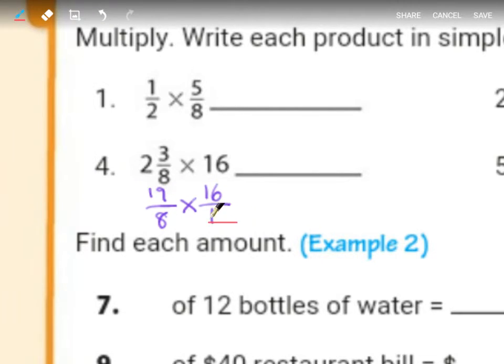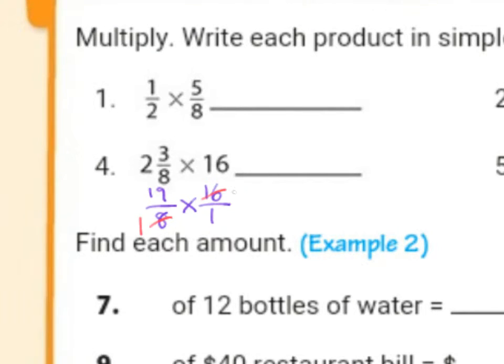1 and 19, not a whole lot we can do with that. Those are both prime numbers. Don't have enough factors that really are going to help me at all. And then we've got 8 and 16. If you think about it, we know that 8 goes into 8 and it goes into 16. So we don't even need to work that factor out. 8 goes into 8 one time.